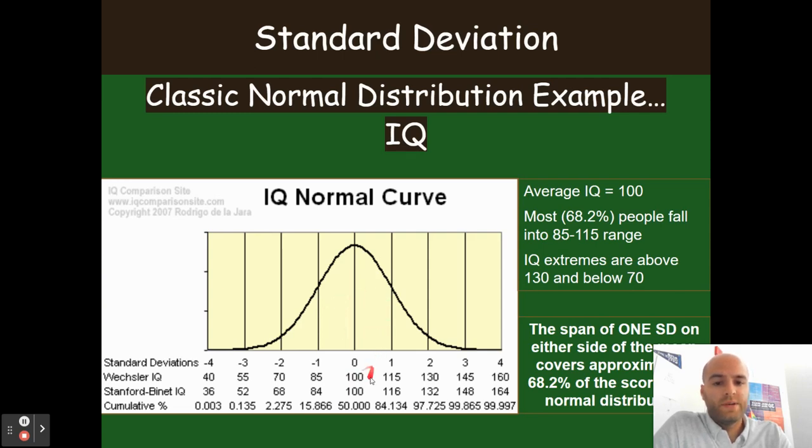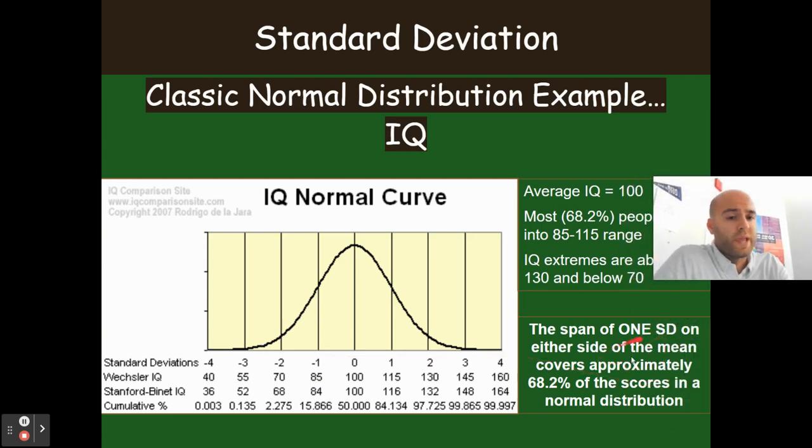That means most people are somewhere between 85 IQ and 115. Okay? IQ extremes are above 130 and below 70. So that's when you're getting into two standard deviations from the mean, is when 130 starts and 70 starts. That's when you get into your kind of like your outliers or your extremes. Okay.